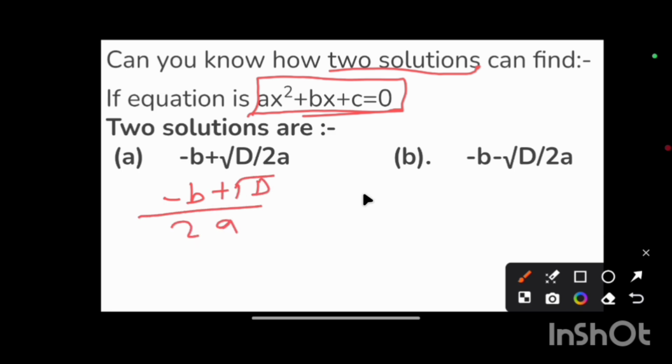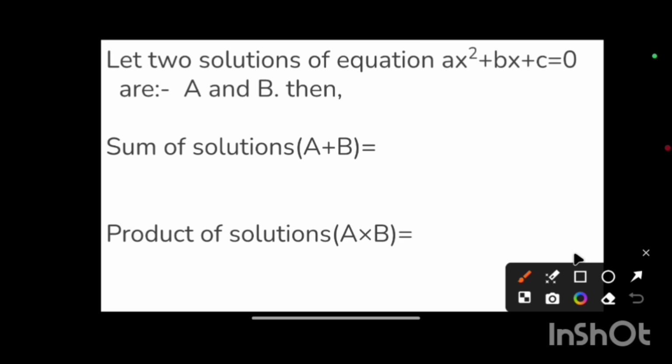Next, ax square plus bx plus c equal to 0, and let alpha and beta be the solutions of this equation.